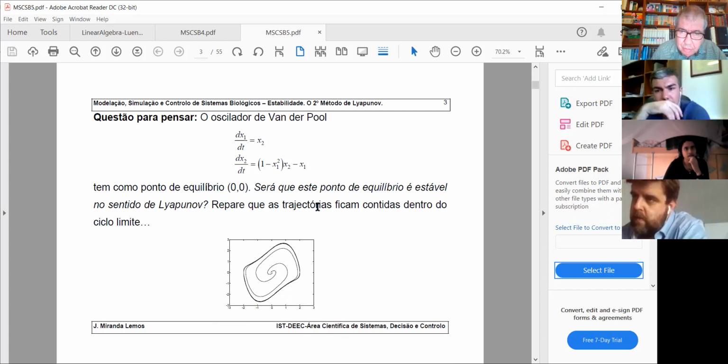Yes, because we can start at any point that is inside that limit cycle, ciclo limite. So any point inside the limit cycle, you don't go there, so you will never exit.